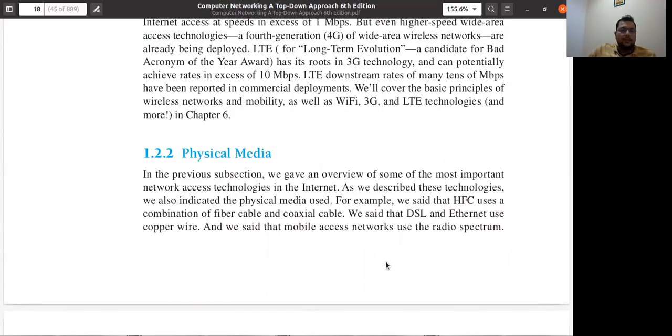There are different physical media. I have already explained it. Once again, I don't want to delve into it because all these things are part of data communication, which is also not our area of expertise, where you have to delve into detail.